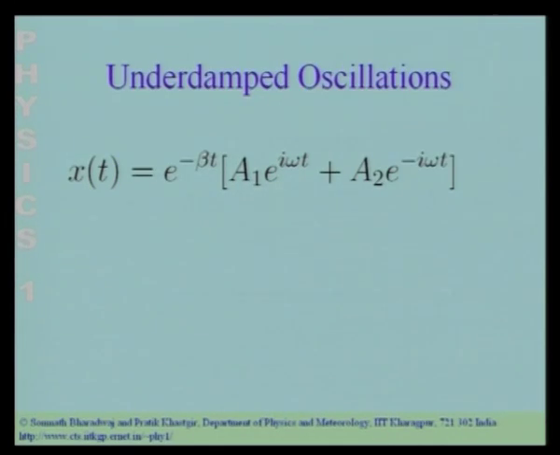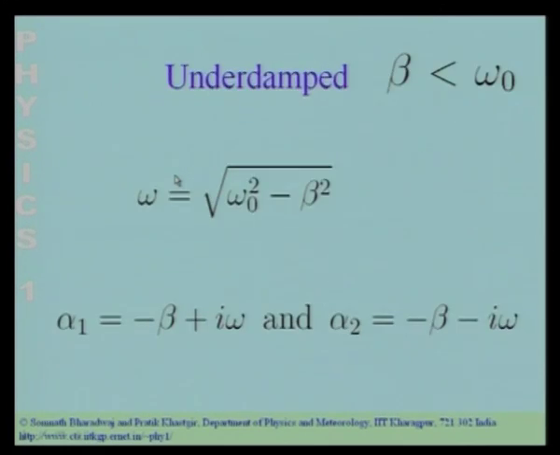So if you put in those two values of alpha, that is alpha 1 and alpha 2, in the trial solution, what you get is x of t is equal to e to the power minus beta t. Notice that minus beta is common to both the roots. So you can pull a factor of e to the power minus beta t out.